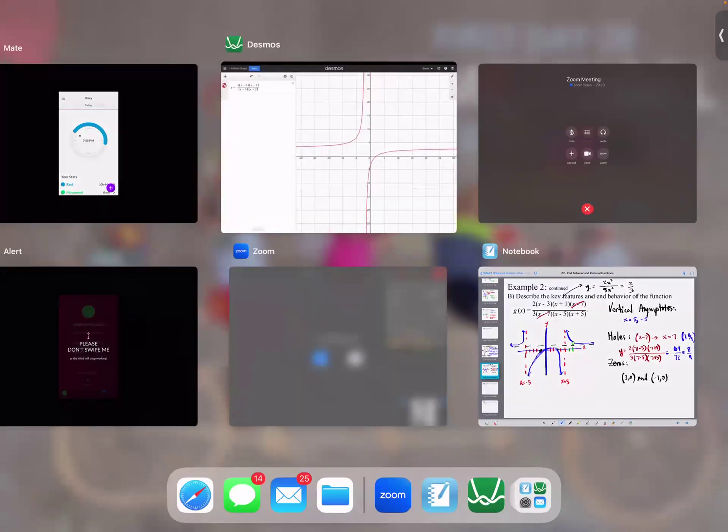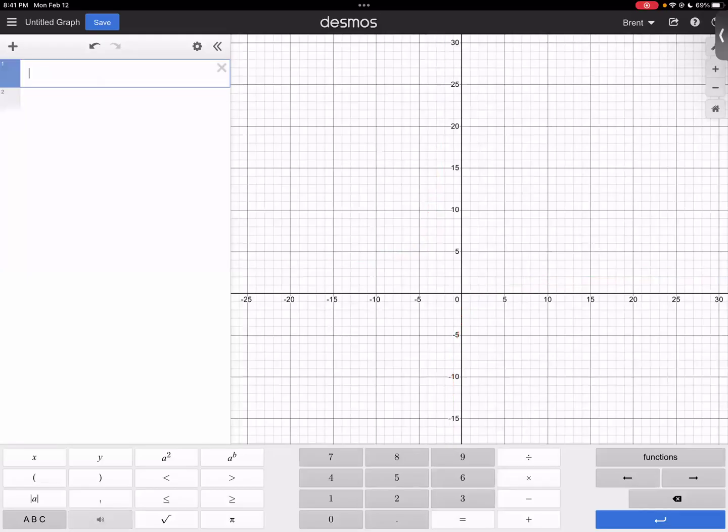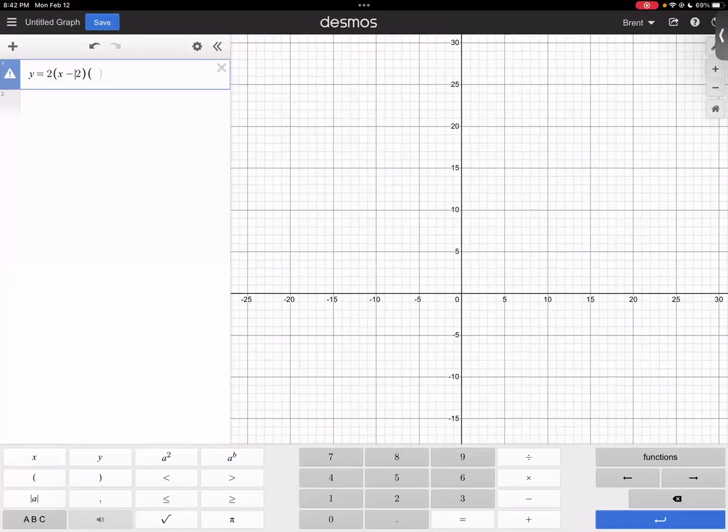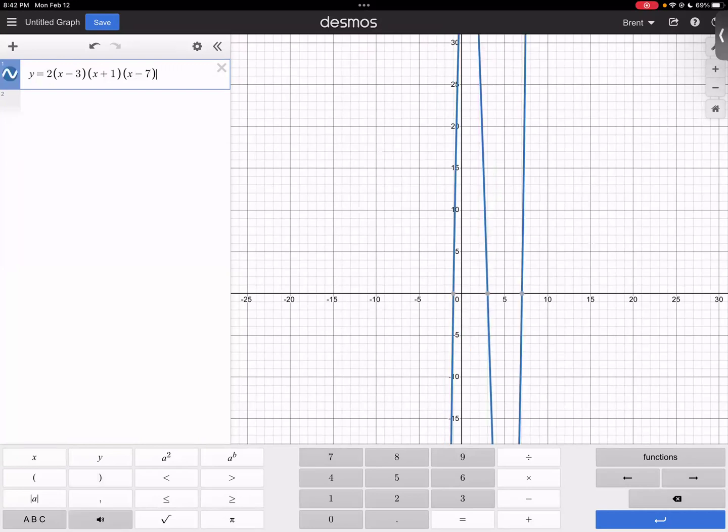So we have y equals 2. Oops. It was x minus 2. No, it wasn't. It was x minus 3, and then x plus 1, and x minus 7.